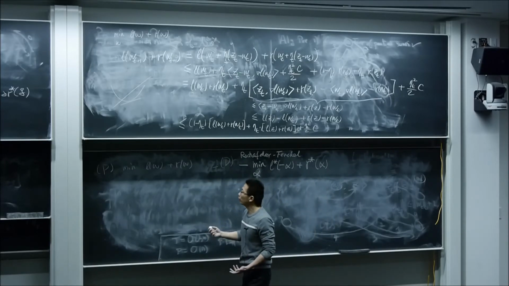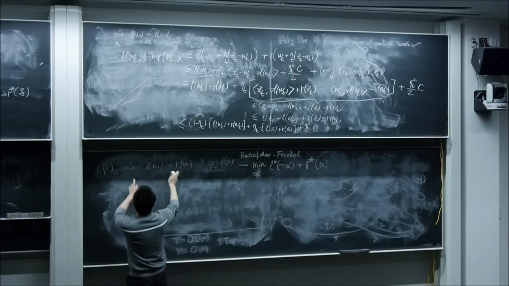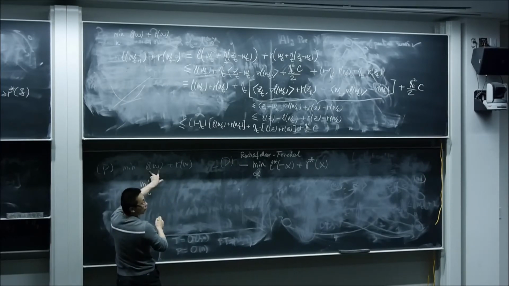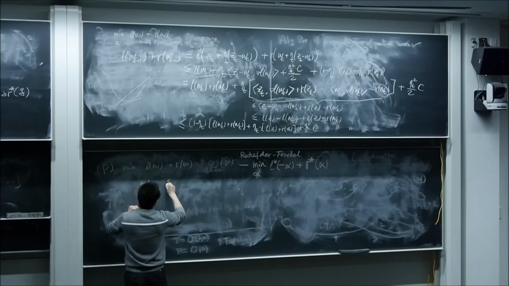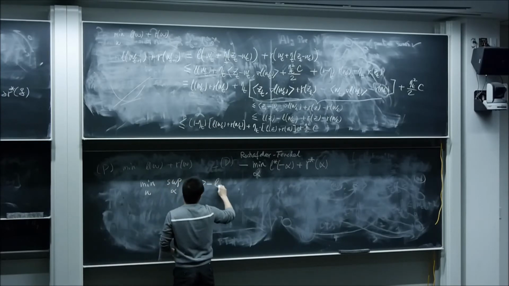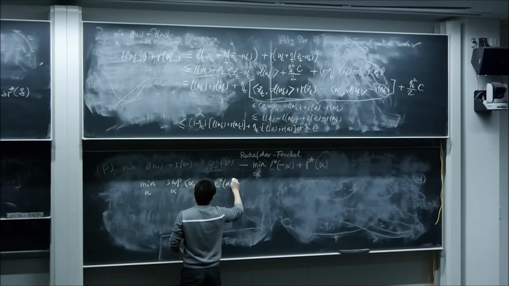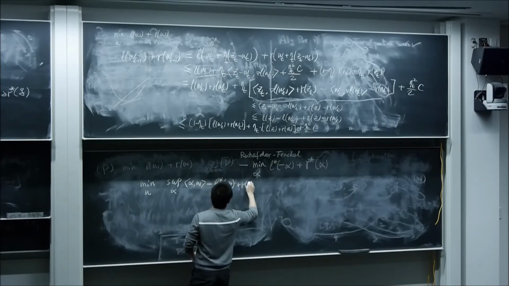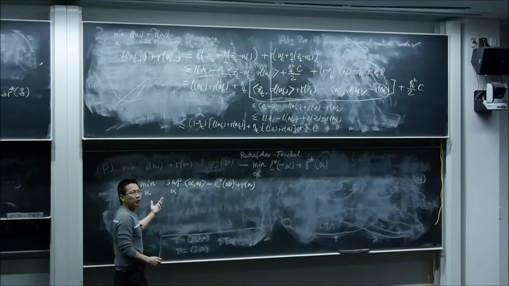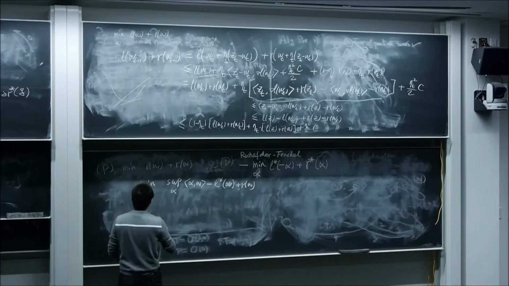A quick way to derive this is, this one is min over W. I just write the definition of the Fenchel conjugate, which is sup over alpha of alpha W minus L star of alpha, plus R of W. And then you swap min and sup, which is unjustified. You need to justify that.